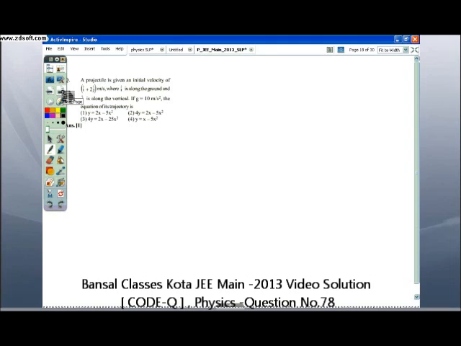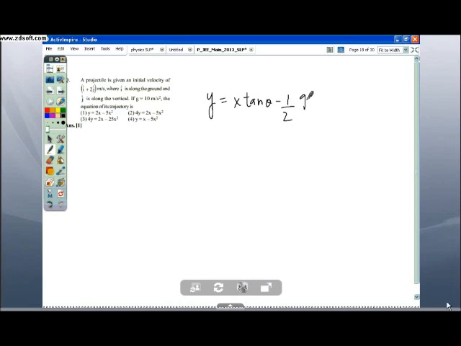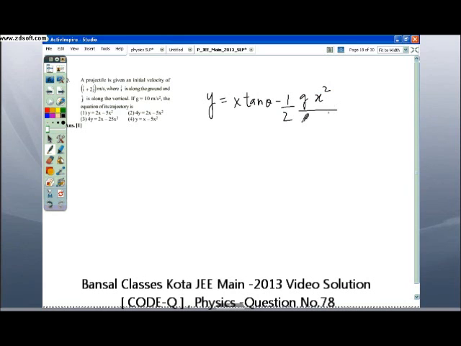Okay, in this problem, a projectile is given an initial velocity i plus 2j meter per second, where i is along the ground and j is along the vertical. If g equal to 10 meter per second square, find the equation of trajectory. We know that equation of trajectory is given by y is equal to x tan theta minus half g x square divided by u square cos square theta.